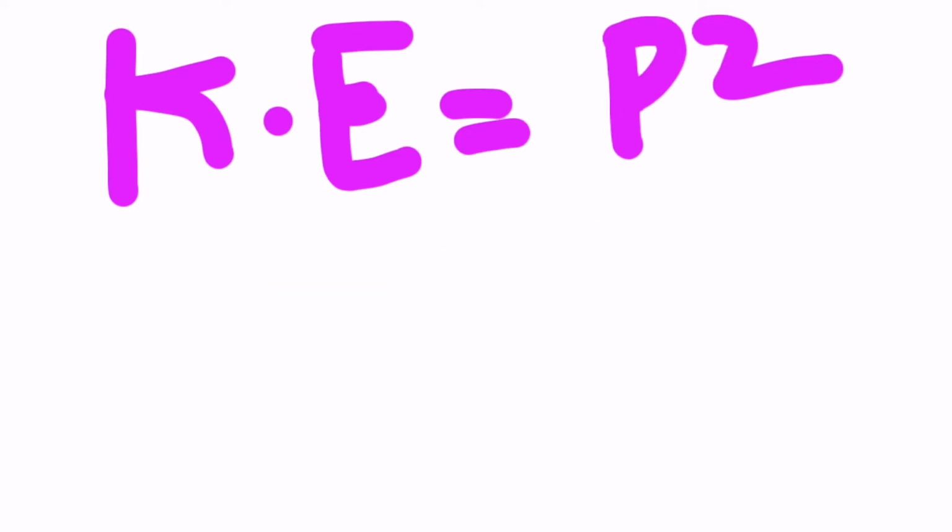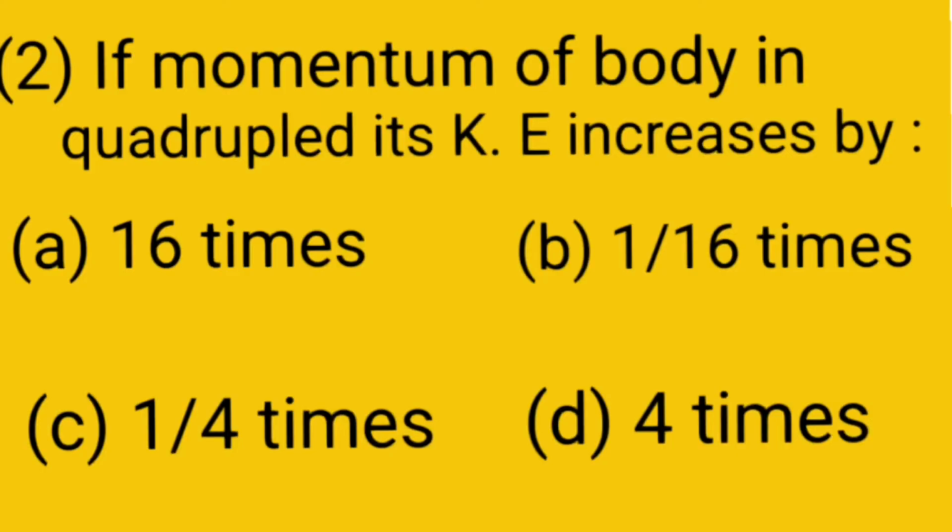By this we get to know that kinetic energy has a direct relation with p square, that is momentum square. It means the answer we get here is 16 times.